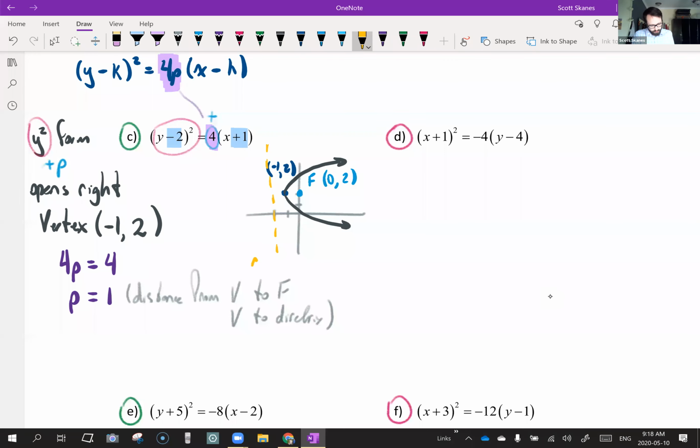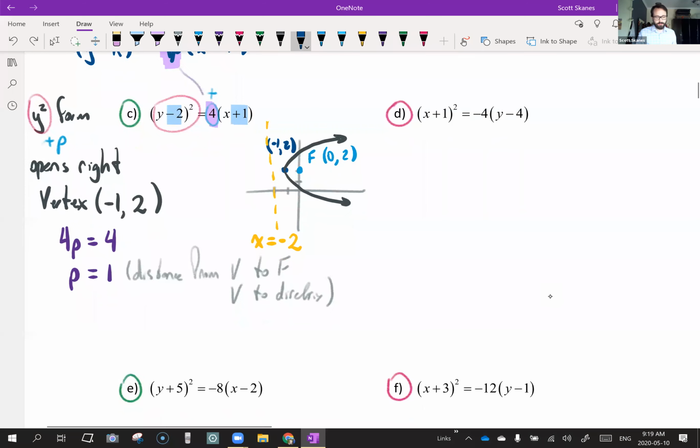Or in other words, every point on this line has a value of -2. No matter where you are, every point on that line has a value of x equals -2. So that's the actual line, x equals -2.